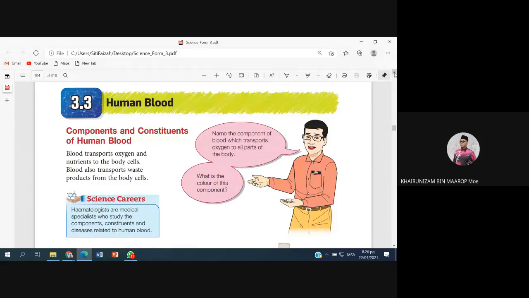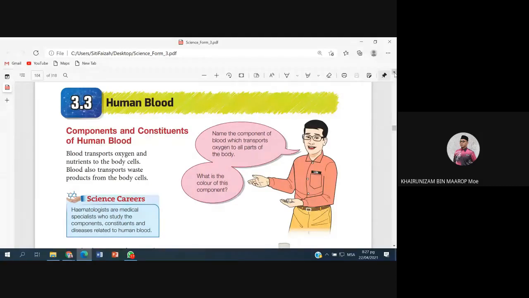Blood also involved in the immune system against disease because of what? Because before this you was learn about white blood cell. Okay, what the function of white blood cell? Okay, to defense against disease, isn't it?